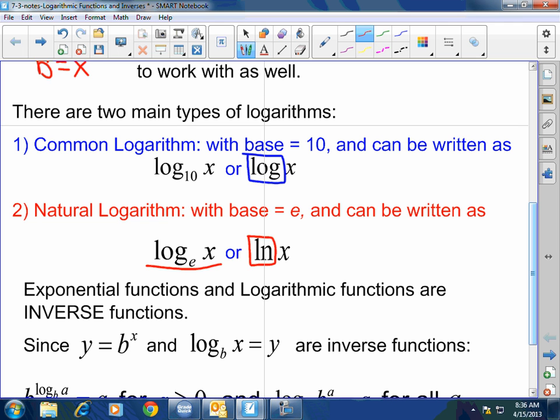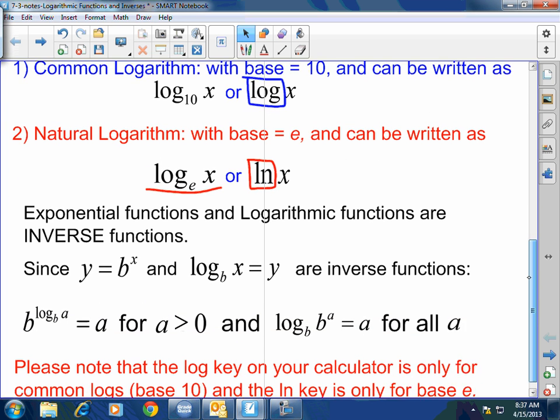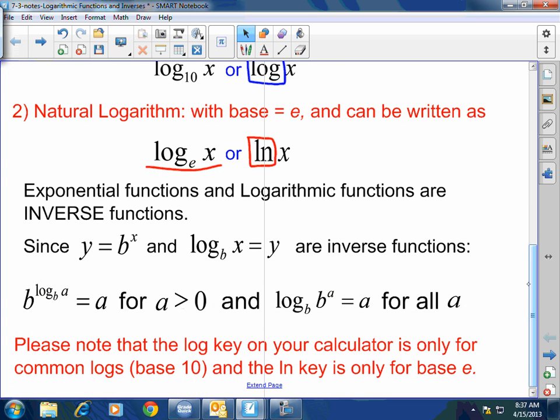Exponential functions and logarithmic functions are inverse functions. We've already said that a couple times, but I want to show you how powerful that is for logs. Since y equals b to the x power, this is an exponential, right? And log base b of y equals x, that's a log function.